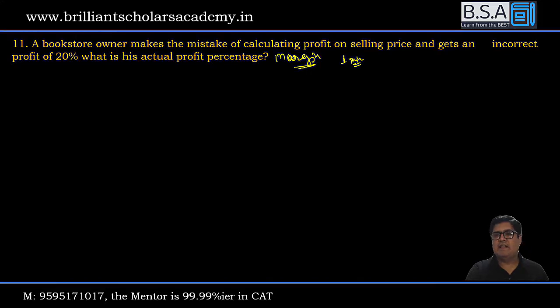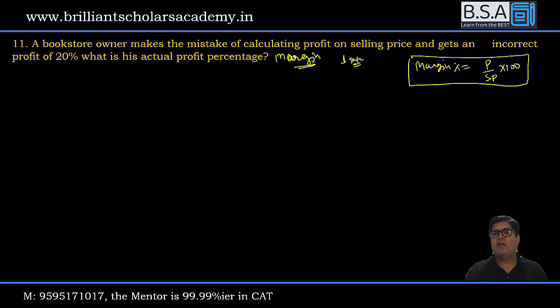In the last lecture, we have seen margin percentage. Margin percentage is equal to profit upon SP into 100. When profit is calculated on the selling price, not the cost price, we call it margin percentage.